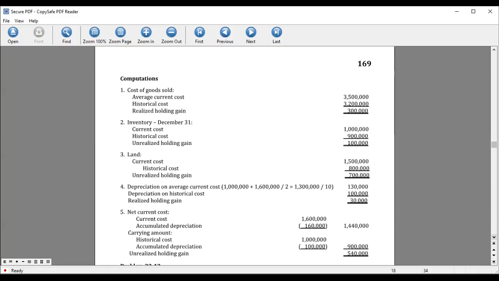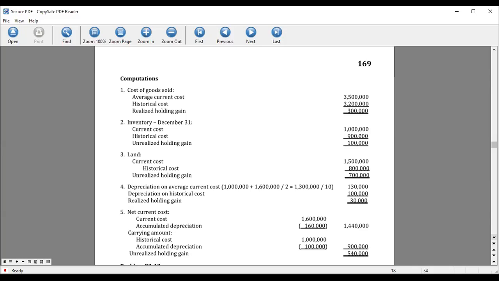Now for land, we have the holding gain of 700,000, but we have the item as unrealized because the land is still unsold. Then depreciation on average current cost, we have 1 million. That's your equipment, and we have the amount of 1.6 million divided by 2.